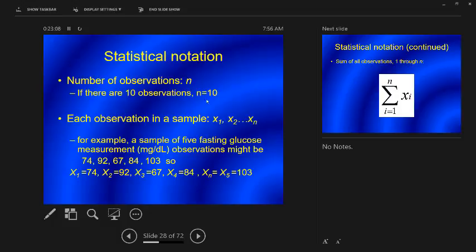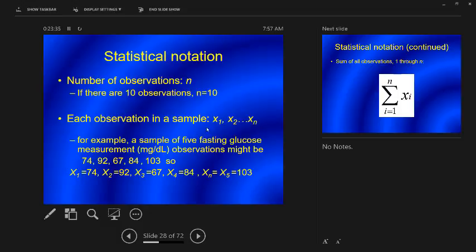So if there are 10 observations in our sample, we have n equals 10. And then when we're making formulas that show how to compute things in statistics, we denote all of the observations in a sample of data with values of x: x1, x2, x3, and so on up to xn would be how we use notation to represent the values in a sample of data.